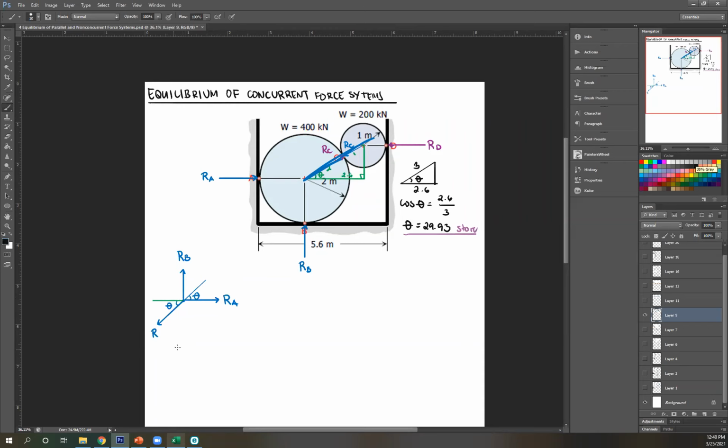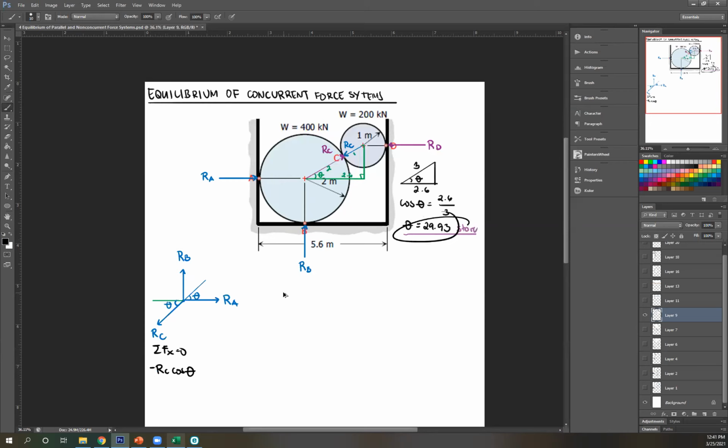So let's start with Fx. Summation of forces x equals 0. You got negative RC, since to the left, cosine theta.